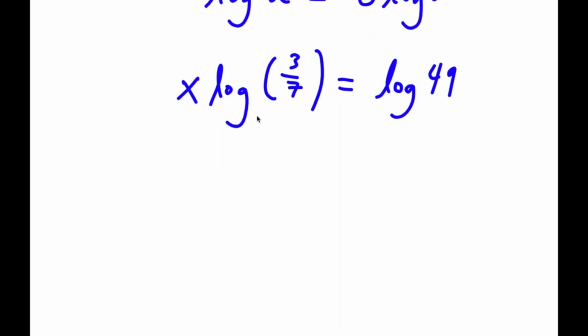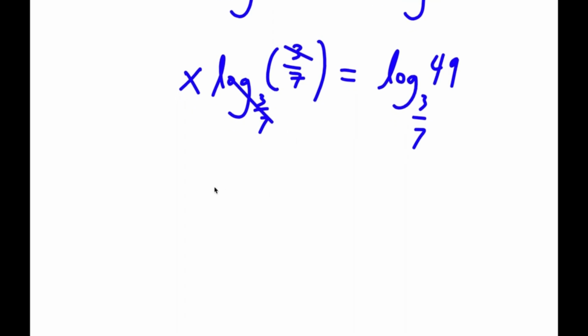And actually, I'm going to take log with base of 3 over 7, not just normal log, sorry about that. So I have log base 3 over 7. And as you can see, these two are simply going to cancel out. So now I have x is equal to log base 3 over 7 of 49.